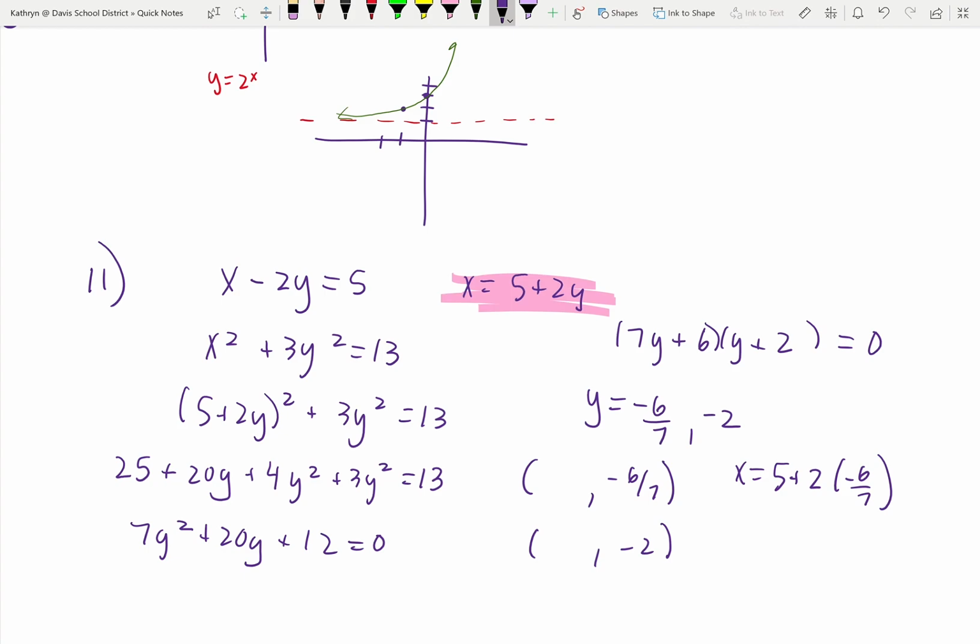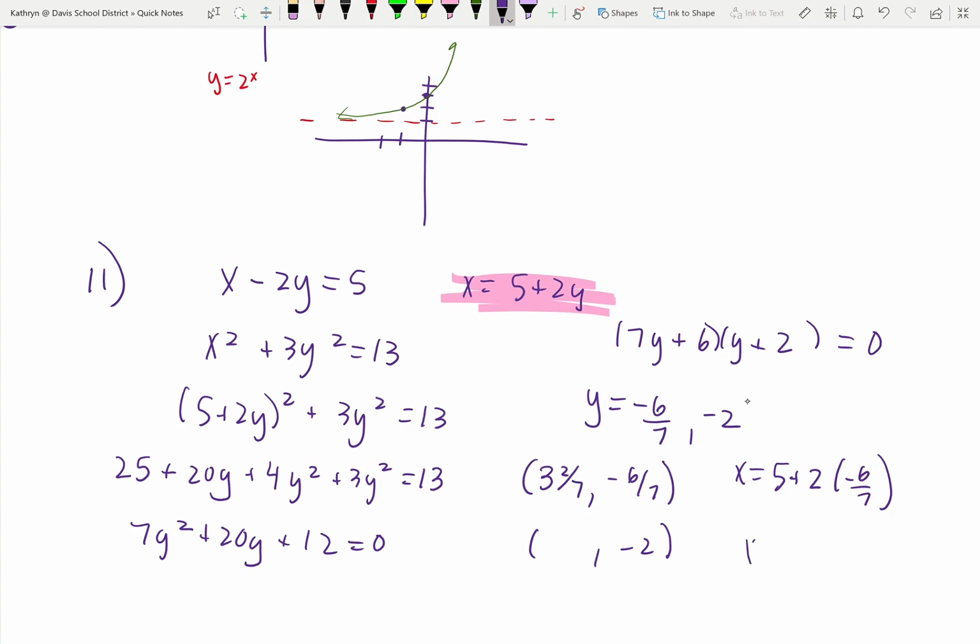So if I go second PRB, enter, it gives me 3 and 2 sevenths. So I'm just going to write it like that.